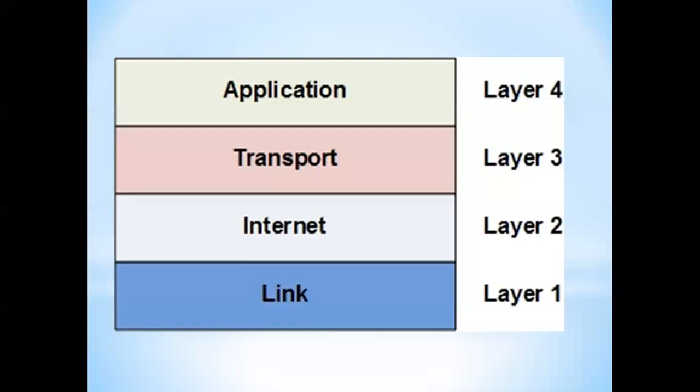The next layer of the TCP/IP protocol suite is the application layer. This is the last layer. The TCP/IP model does not have the session or presentation layer because they are of little importance in most applications. The layer on top of the transport layer is called the application layer.